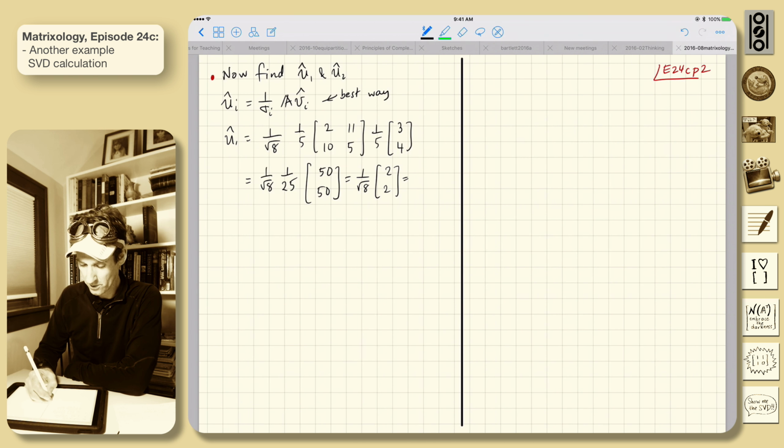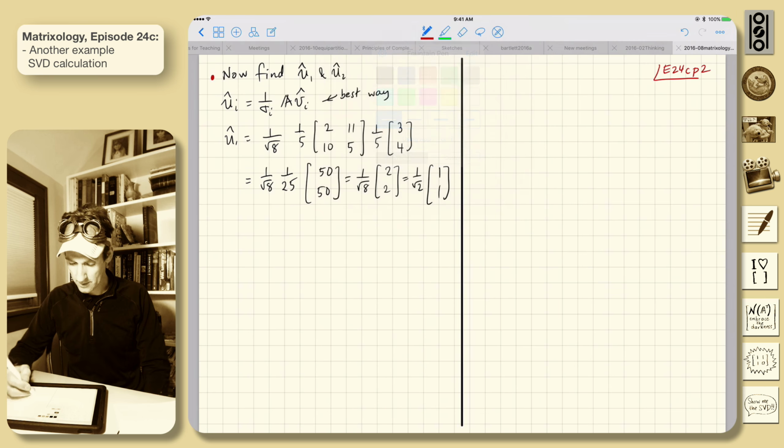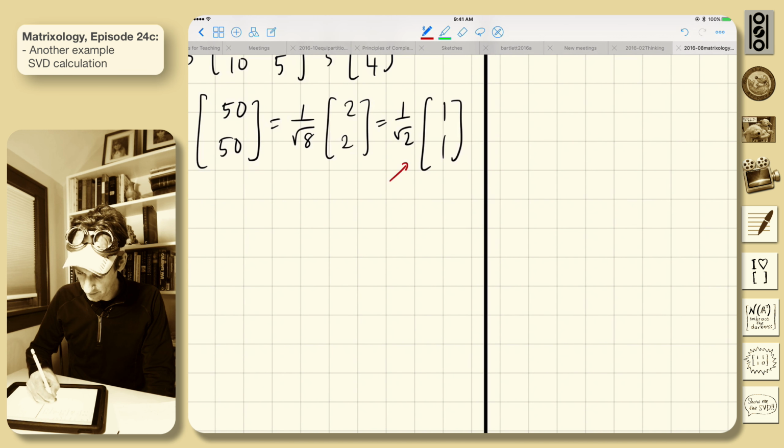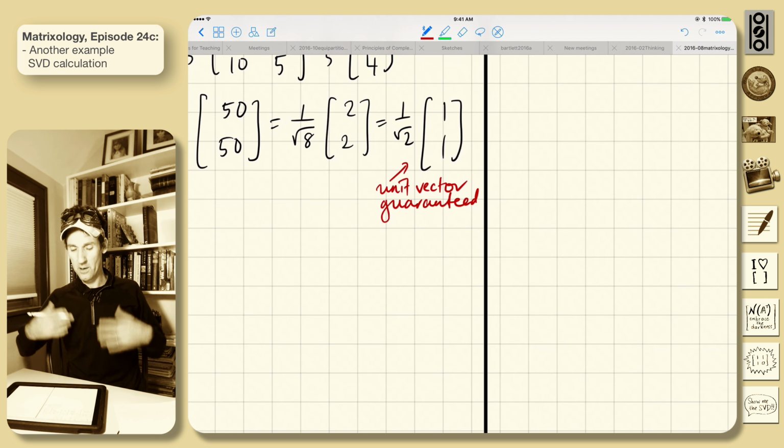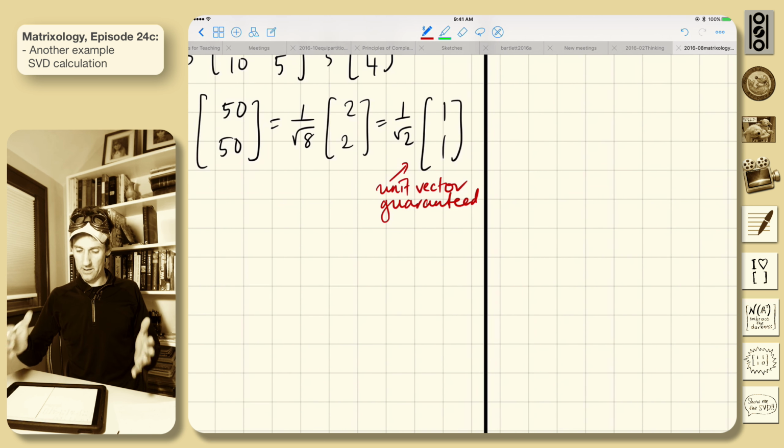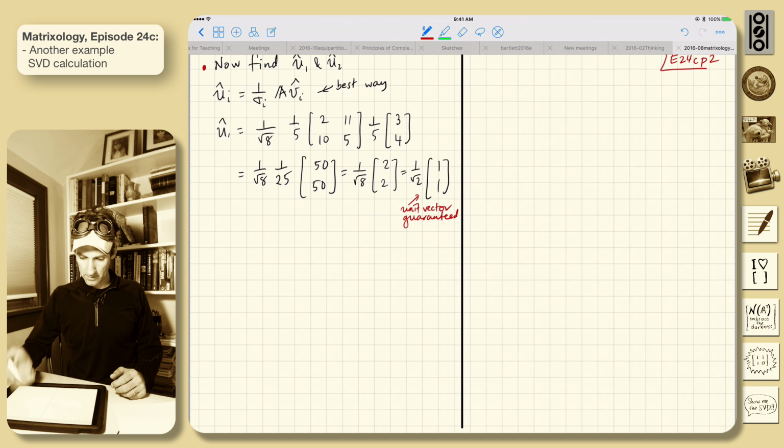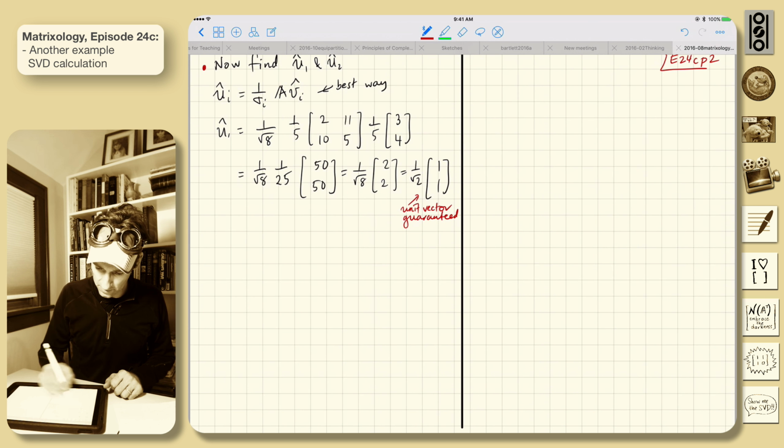Of course, this is 1 over 2 root 2, so that cancels, and it's 1, 1. So, unit vector, guaranteed. So many things are guaranteed. But it's very nice to work through. You should see that at the end you get a normalized unit vector. So that's u1.